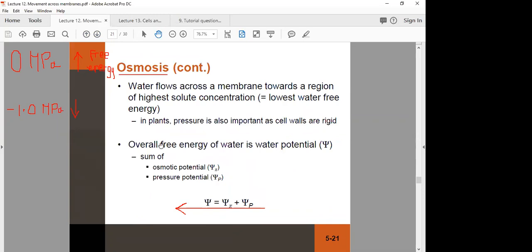The overall free energy of water is referred to as the water potential, and water potential is given this symbol, which is called psi. I'll just write that here. There it is, psi. The water potential is a sum of the osmotic or solute potential and also the pressure potential.